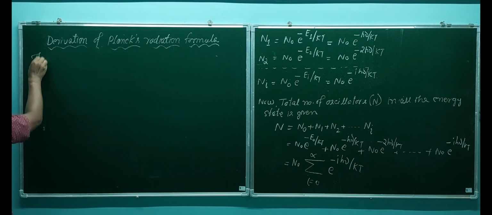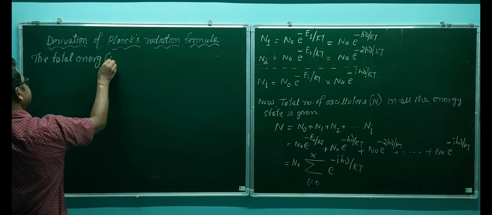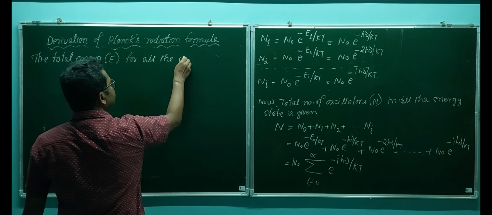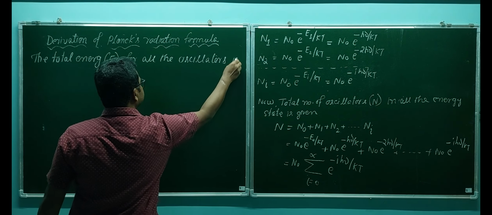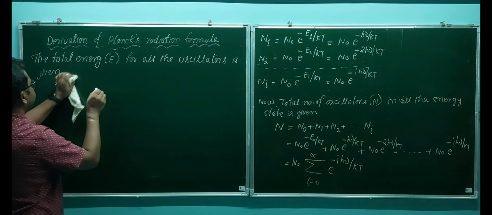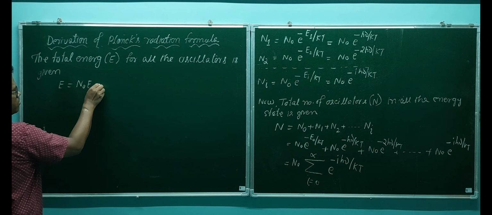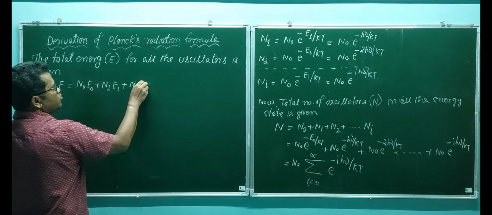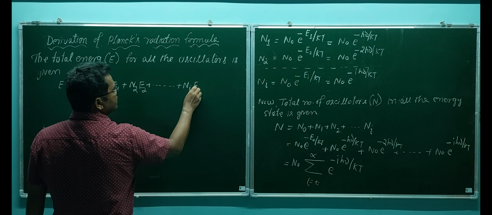The total energy E for all the oscillators is given by E equal to N0 E0 plus N1 E1 plus N2 E2 plus Ni Ei.